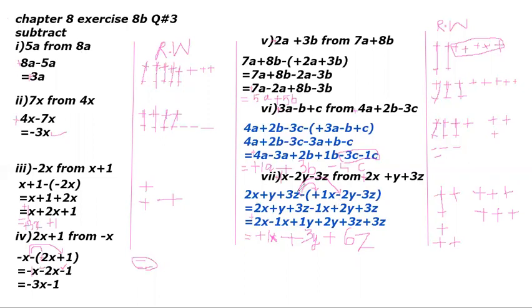Again this negative multiplied by this negative gives us a positive sign. This negative sign outside the parenthesis means that it is multiplying by all the signs which are present inside the parenthesis.